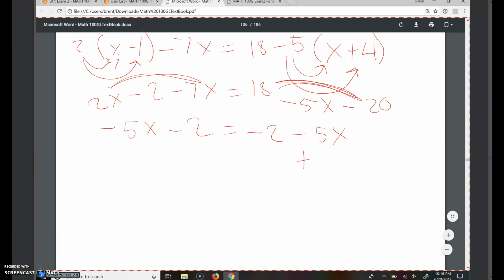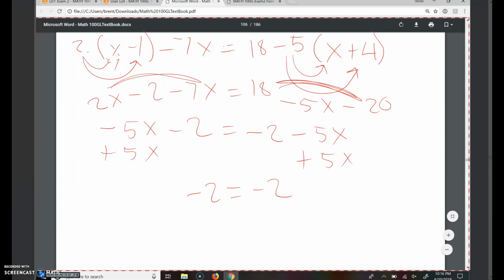Now if we add 5x to both sides, those cancel out, and what we're left with is -2 equals -2. So this is like the first example in the book, where it doesn't matter what you plug in for x, it will always be true. It will always work out. -2 always equals -2 in this problem.